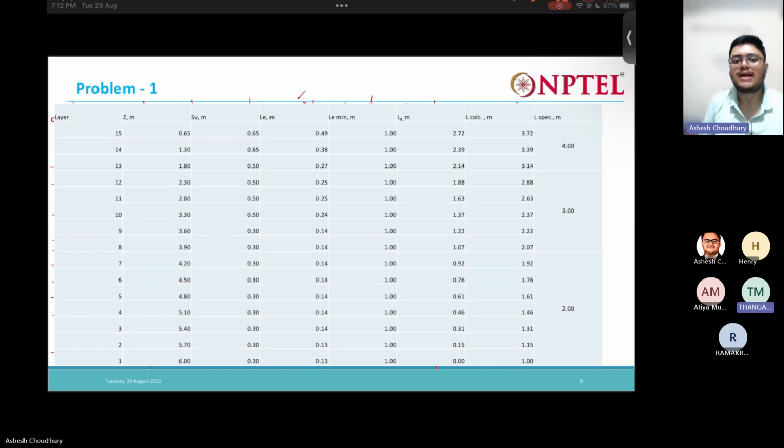Now, if the calculated L length is lesser than the width, then this is the length direction of the geotextile, this is the machine direction, this is how the geotextile is rolled lengthwise, and this is the width.